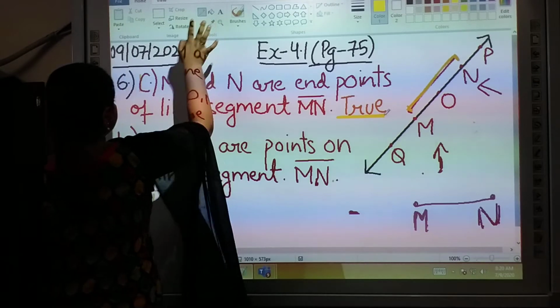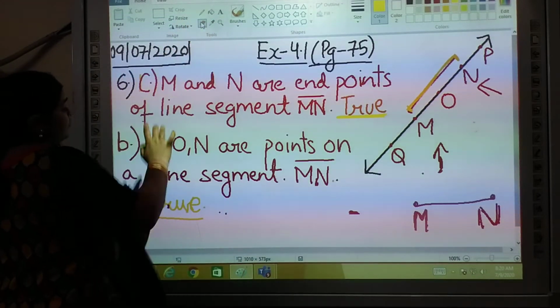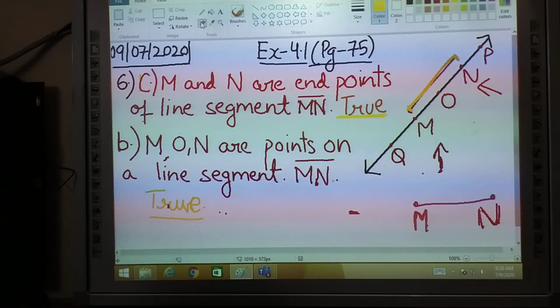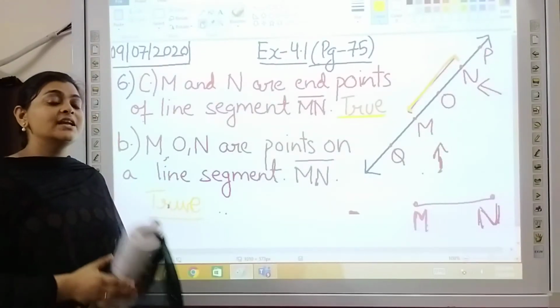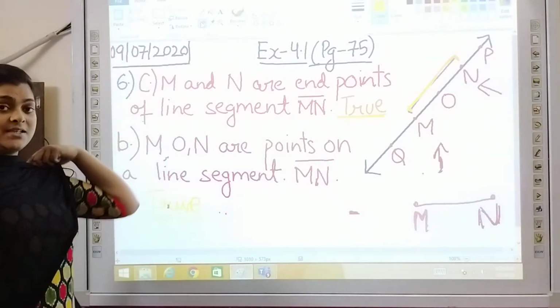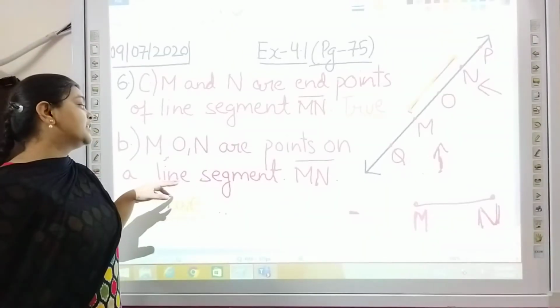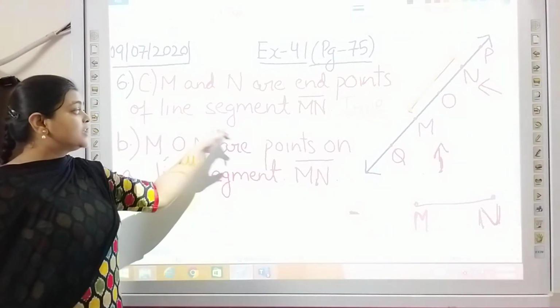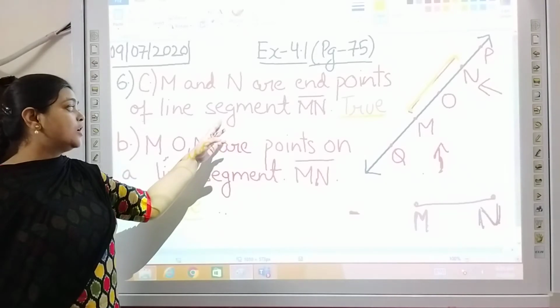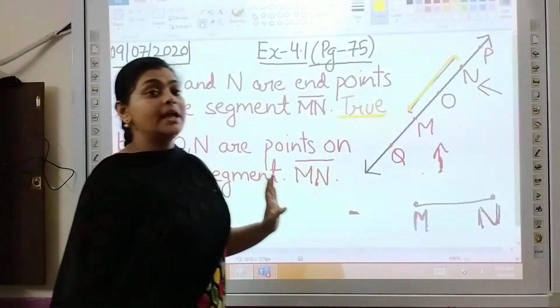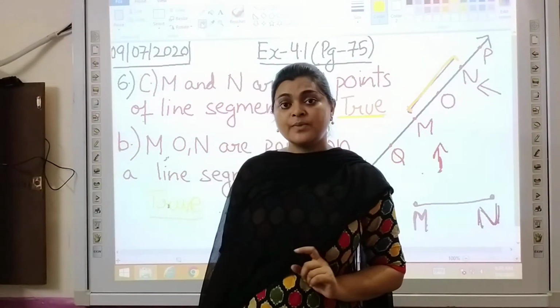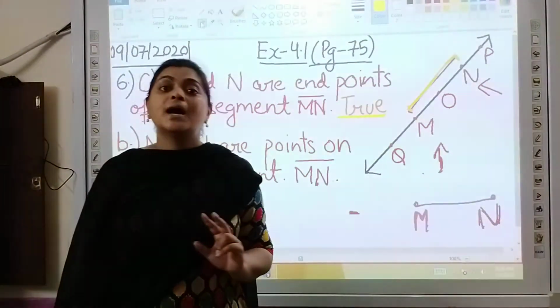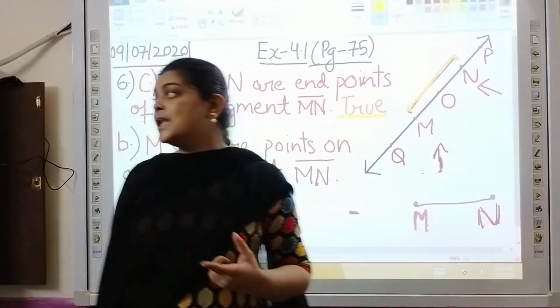Clear, class? Now, children, in the first point, we were given MN as a line. In the second question, we are given MN as a line segment, and in the third statement, we are also given a line segment MN. So clearly, you can understand from here that the same points we can consider as a line as well as a line segment.